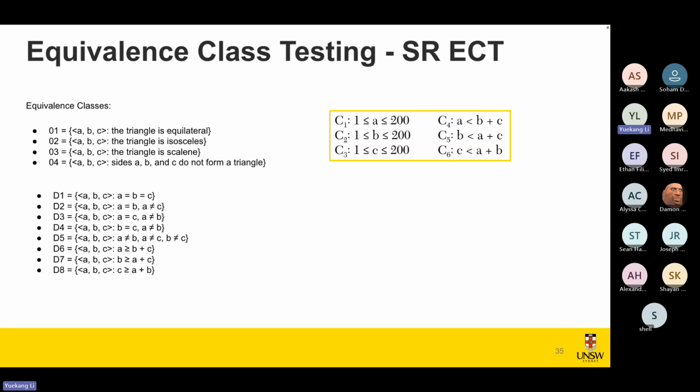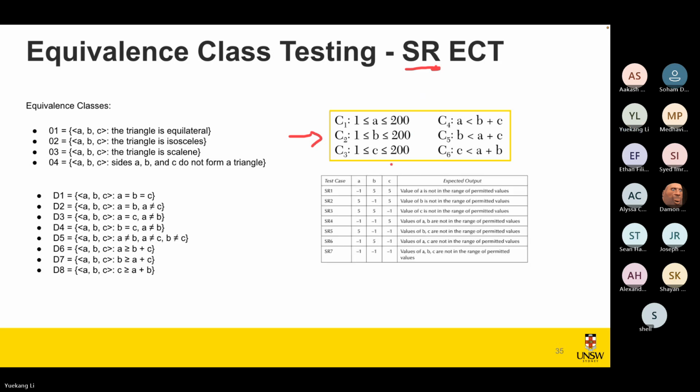So let's keep this assumption here, because we need to undo it with strong robust equivalence class testing. So comparing to the weak normal ones, what we do this time is allow more than one value to be invalid, right?